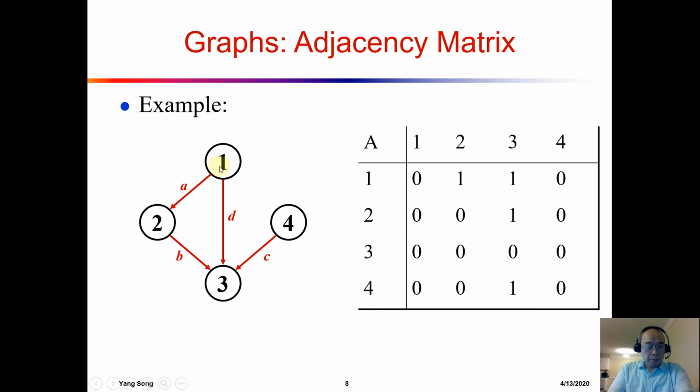For example, from node 1 to node 2, they are connected. The rule is, we pick the first node from a line, that is line 1, and then the target node is on the y-axis. So from node 1 to node 2 there is a 1, saying they are connected.